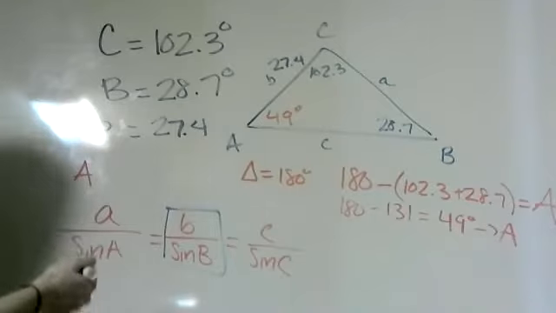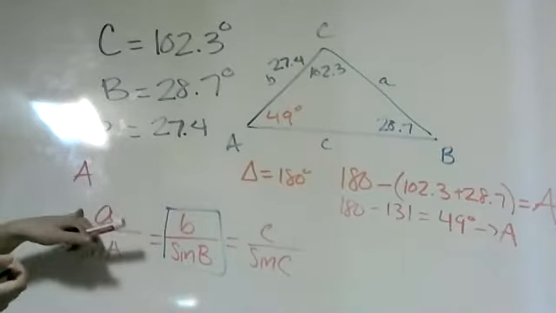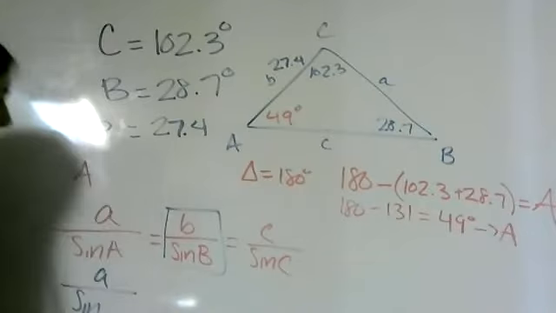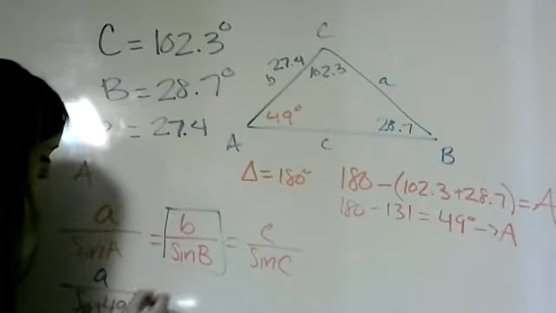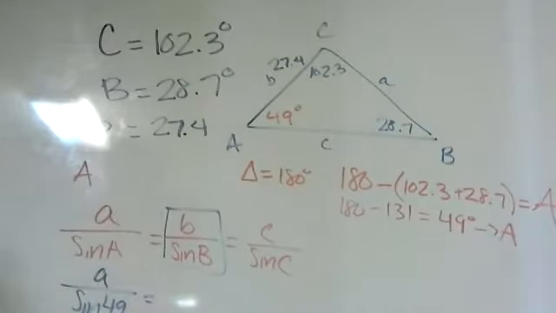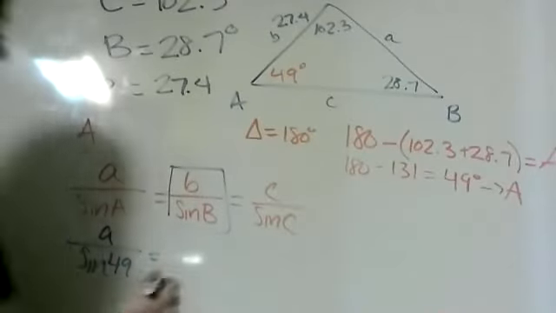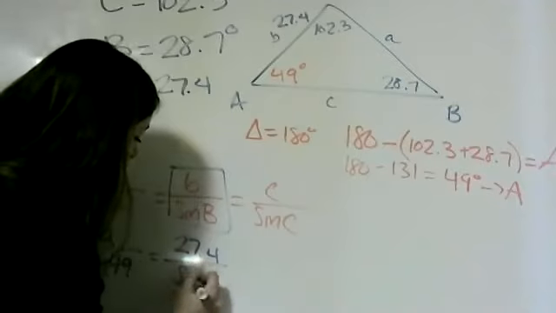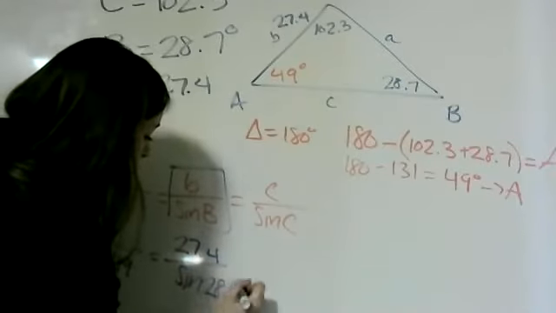If I go with side length a, I don't know that. What I do know is that my big A is 49 degrees. And this can be set equal to what I know about side length b, which is 27.4 over sine of angle B, which is 28.7.